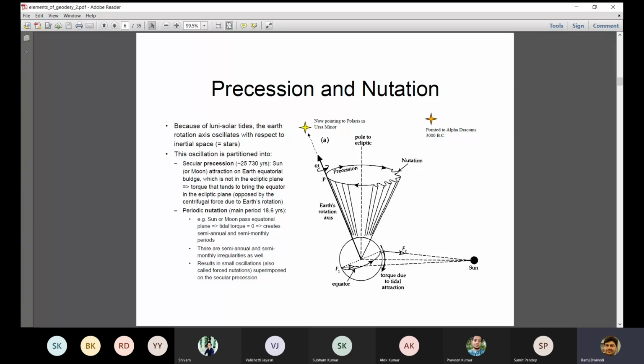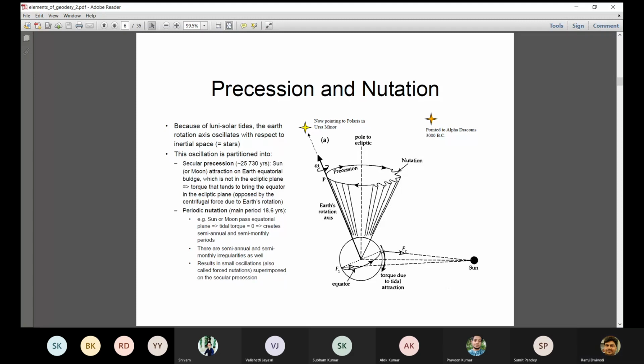So what the sun is doing, the sun is saying, why are you inclined away from me, just come into my plane. So it tends to apply a torque that forces the Earth to come into the plane of the ecliptic.